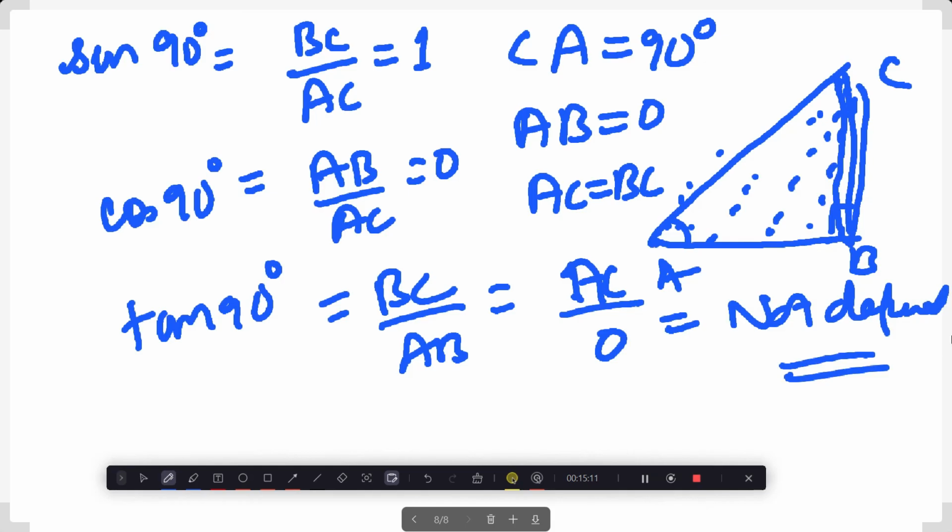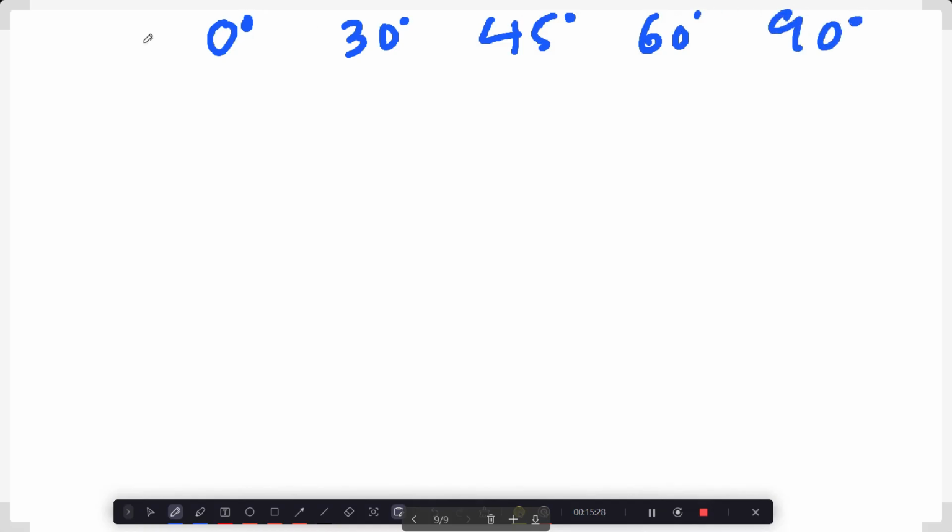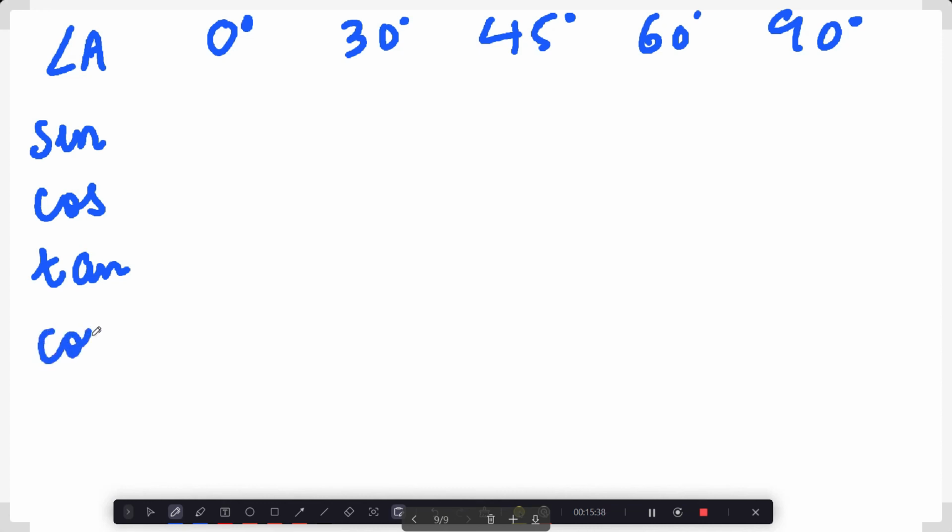Got it? So then if we are to make a table like this, this is the most important table. So what is sine 0?